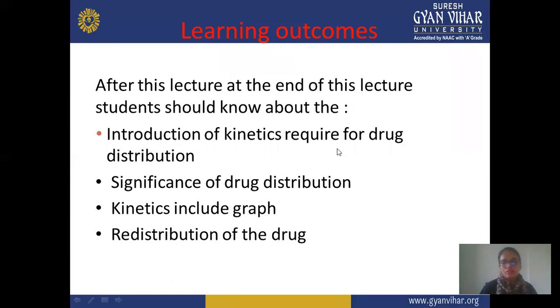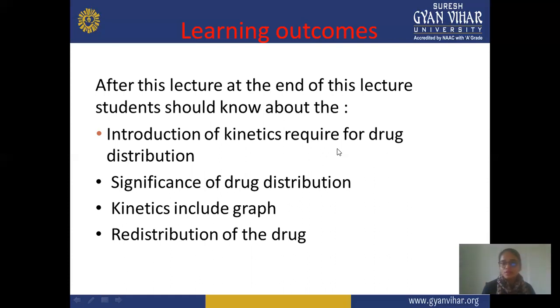This is, I think, the last topic of the first unit. In this, we learned about the introduction to the kinetics required for drug distribution, that is, volume of distribution, or certain derivatives.